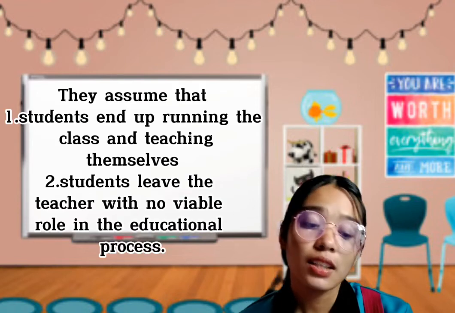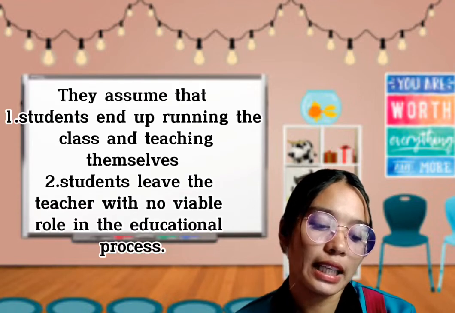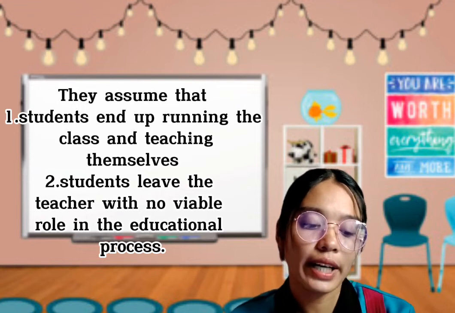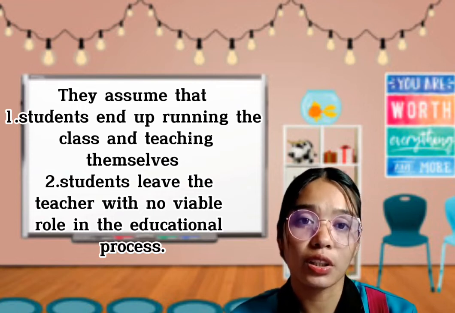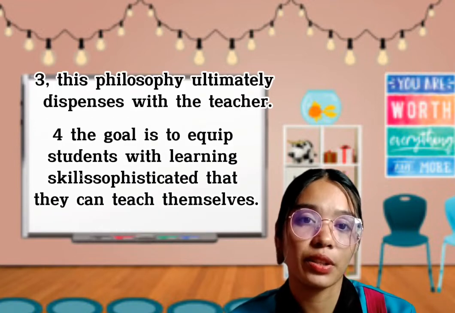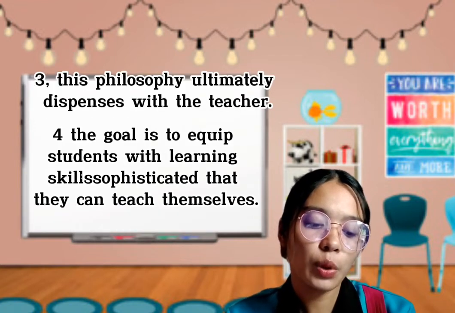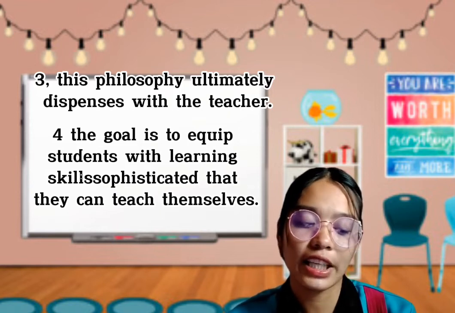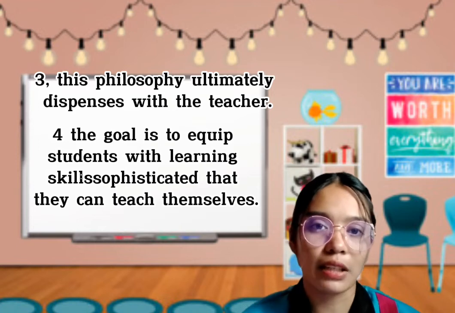They assume that students end up running the class and teaching themselves, that students leave the teacher with no viable role in the educational process, and that this philosophy ultimately dispenses with the teacher. The goal is to equip students with learning skills so sophisticated that they can learn or teach themselves.